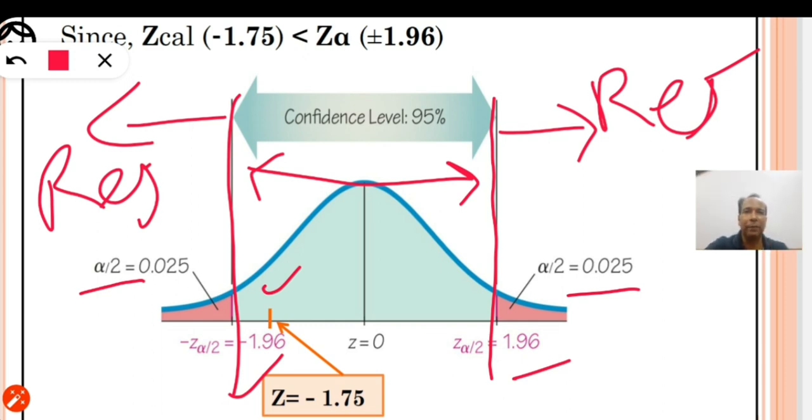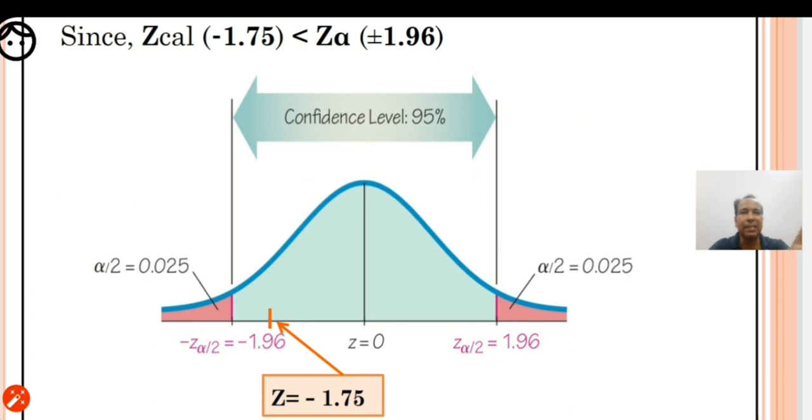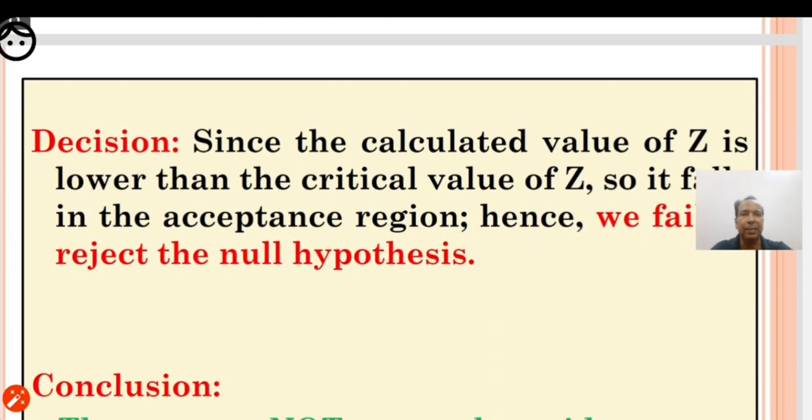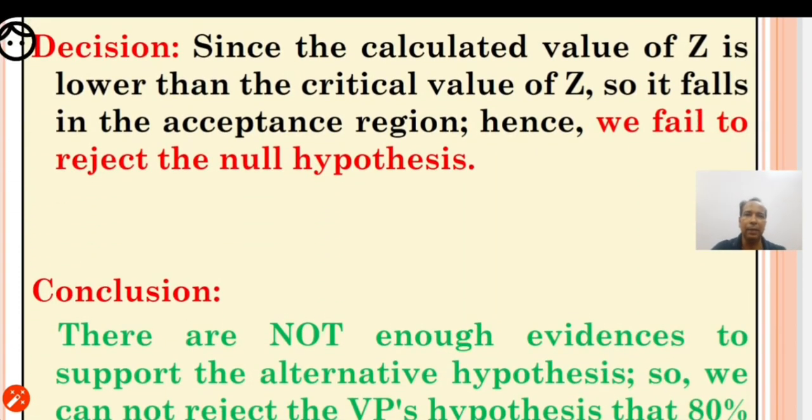So what we can see here is that Z calculated is less than Z alpha. That means, how can we write a decision? Decision can be written like, since the calculated value of Z is lower than the critical value of Z, it falls in the acceptance region.